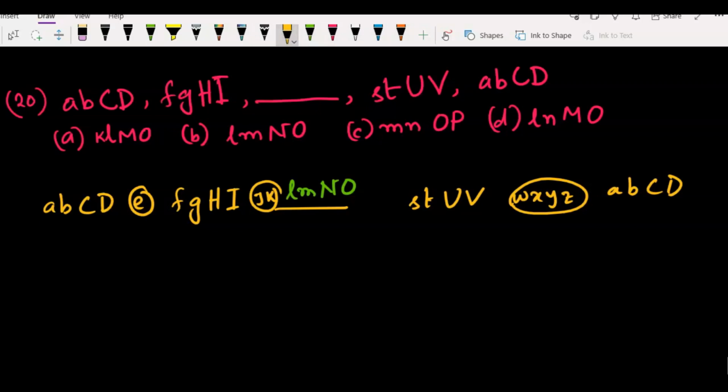After that we have P Q R. These three are omitted, and we have S T U V. And then W X Y Z are omitted, and we have A B C D. So what is the answer? The answer is L M N O. So option B is the correct answer.